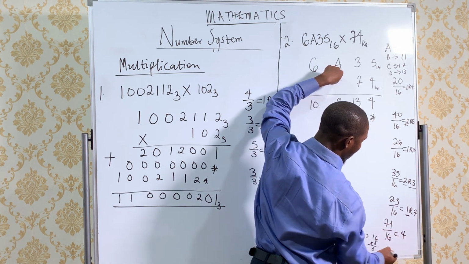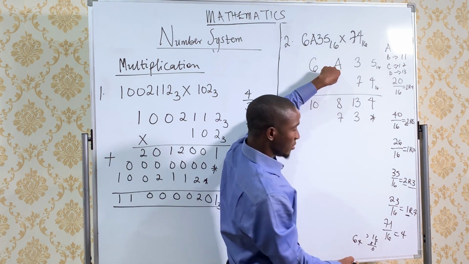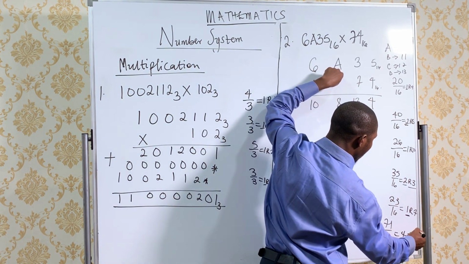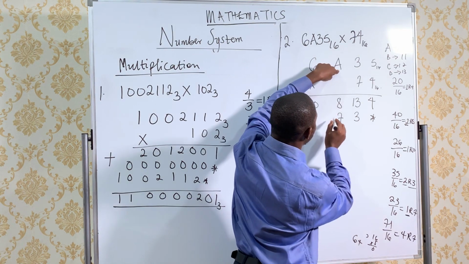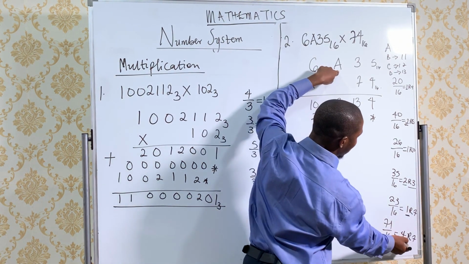That will be 4, because 16 times 4 will give us 64. So that will be 4, remainder 7. So you bring down 7, and you carry 4 to the next number.